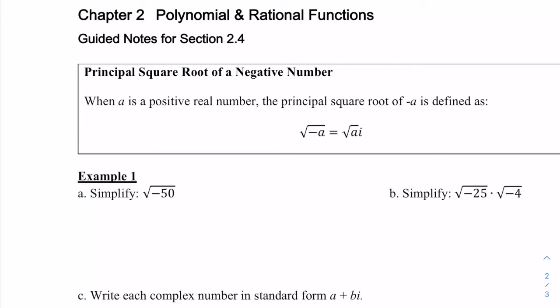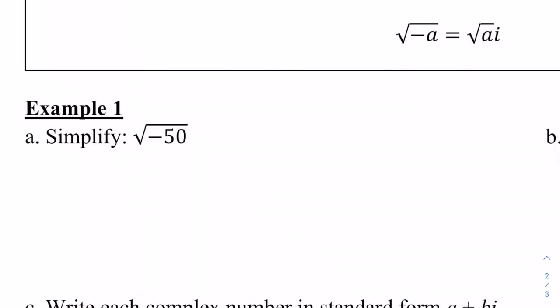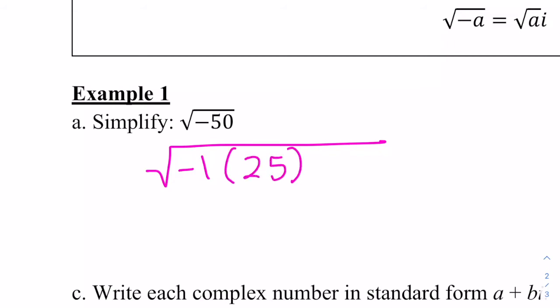Now the key idea: whenever we have the square root of a negative number, we're going to take that i out whenever we're trying to simplify numbers. So if we're going to simplify the square root of -50, we know that can break down into -1, 25, and 2.